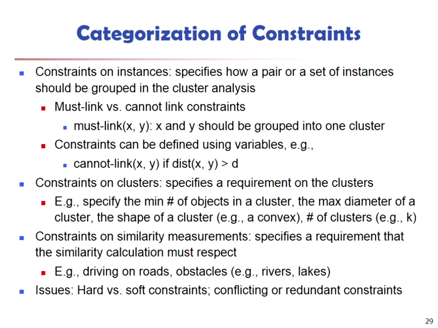It specifies a requirement that the similarity calculation must respect. For example, driving on roads, obstacles, etc. So there are some issues, for example, hard versus soft constraints, conflicting or redundant constraints, etc.